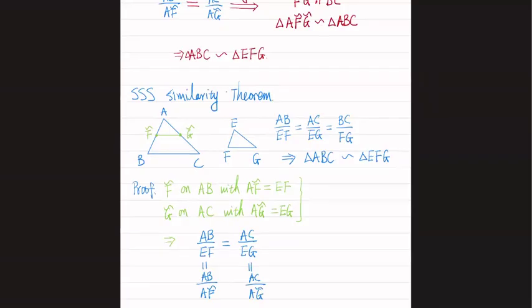Now we see they have the same ratio. This and this, they have the same ratio. Okay, Amy, what does the big theorem tell us? That they are similar. Okay, so the two lines are parallel and they are similar.